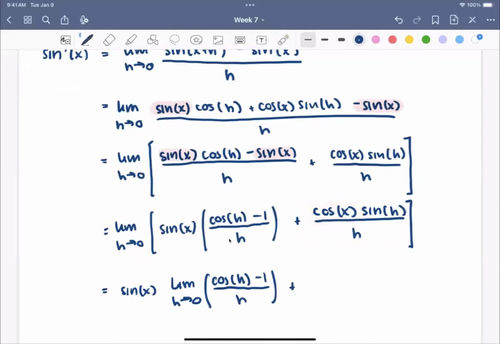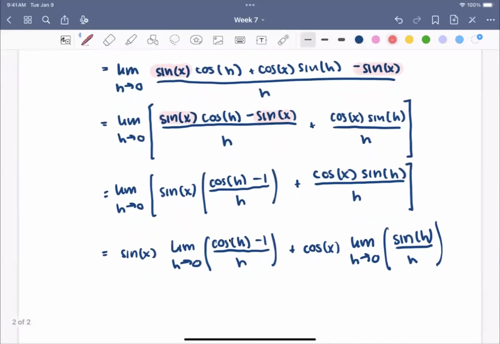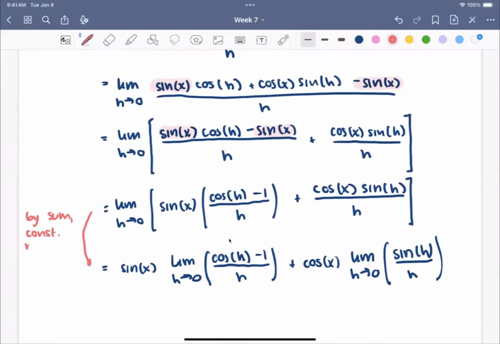So I get plus cosine x times the limit as h approaches 0 of sine h over h. Okay, so this step was done simultaneously by the sum and constant multiple limit laws.